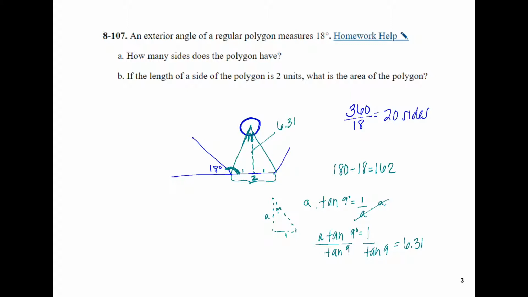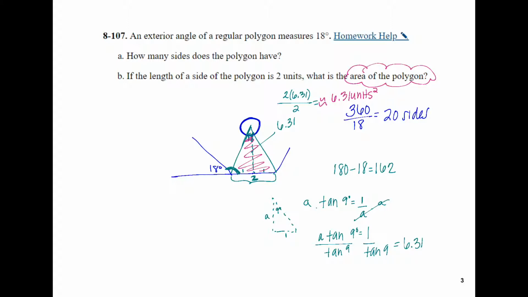So to find the area of our triangle, we do base times height divided by 2. So 2 times 6.31 divided by 2 tells us that the area of this whole triangle is approximately 6.31 units squared. But they asked us for the area of our polygon.